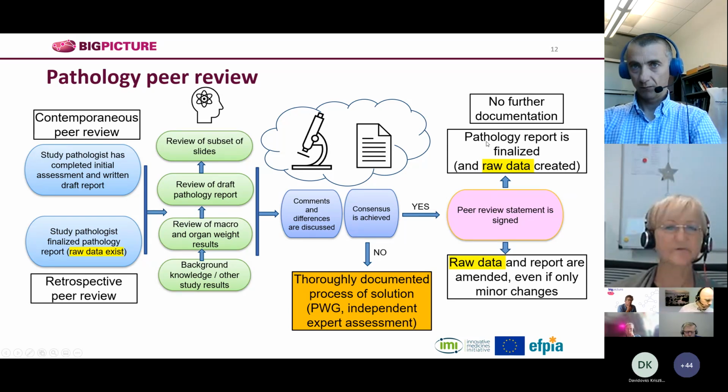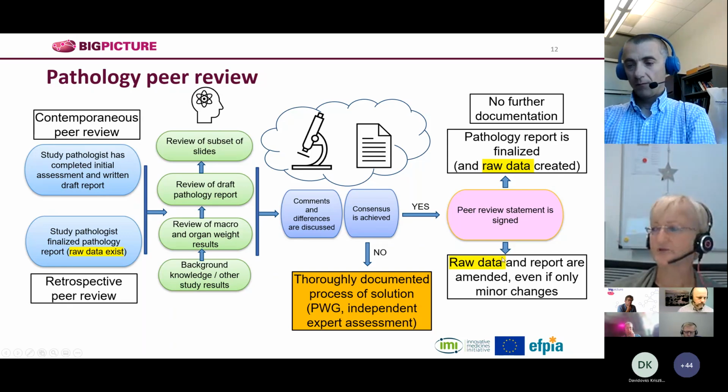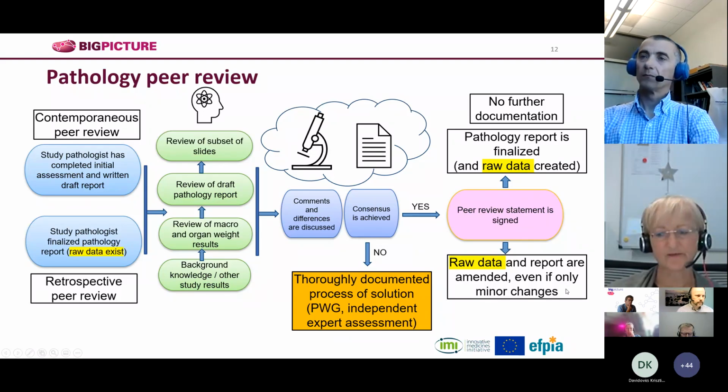That doesn't need any further documentation than the peer review statement. However, if it was a retrospective peer review, so raw data already existed, then that peer review contributed to the creation of new raw data, and the report will be amended even if only minor changes have been done.